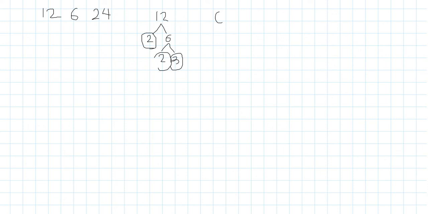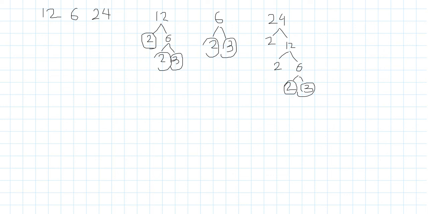Now for 6, it is 2 and 3, both are prime numbers, we cannot continue anymore. And for 24, 24 divided by 2 is 12, 12 divided by 2 is 6, 6 divided by 2 is 3. Again, because they are prime numbers, we cannot continue anymore.